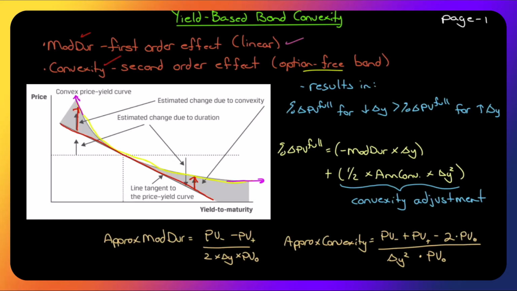If we expect interest rates to have a high level of volatility, in other words, to change a lot, we would like a portfolio with a lot of convexity because the percentage change in the price of a bond for a drop in yields will be greater than the percentage change in the price of a bond for an increase in yields. That means when yields drop and prices go up, let's say yields drop 200 basis points or yields increase 200 basis points, the price increase will be greater than the price decrease.